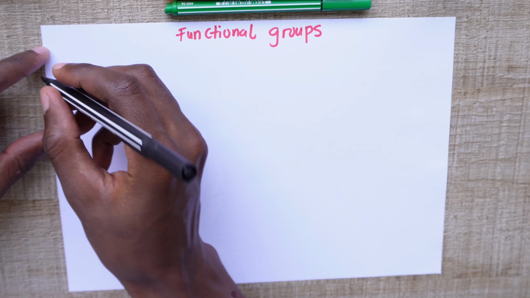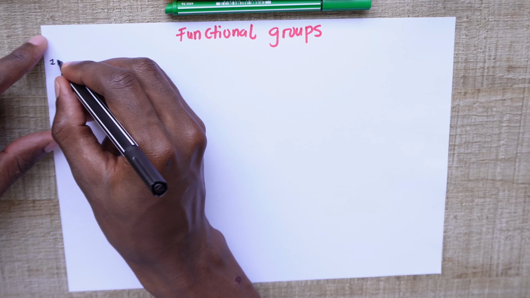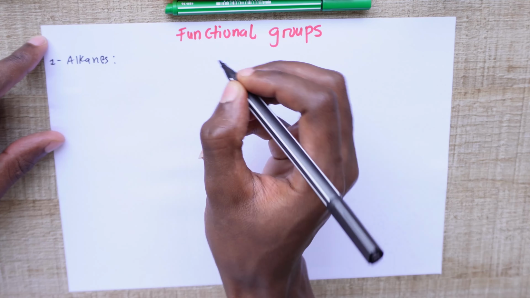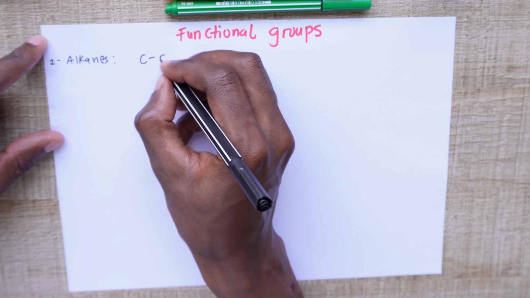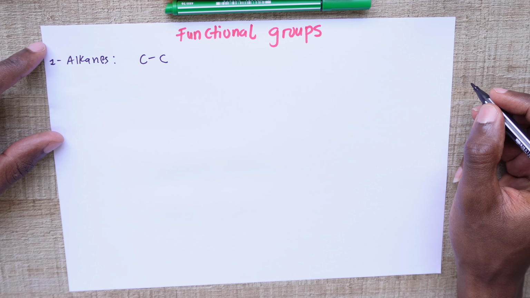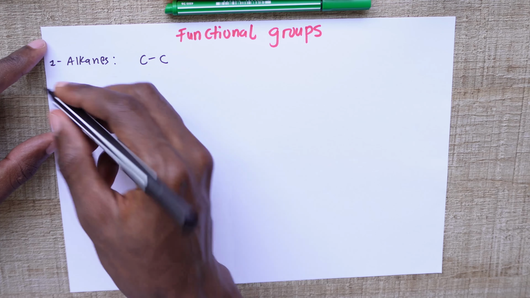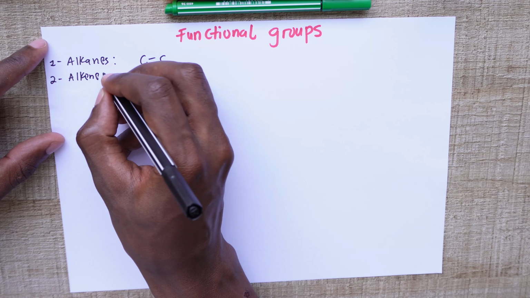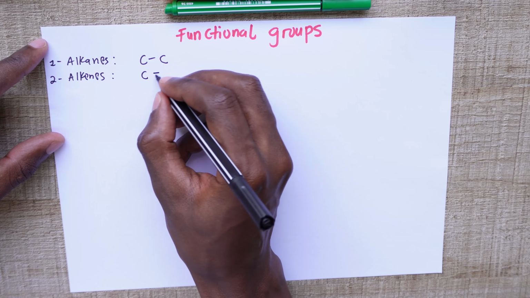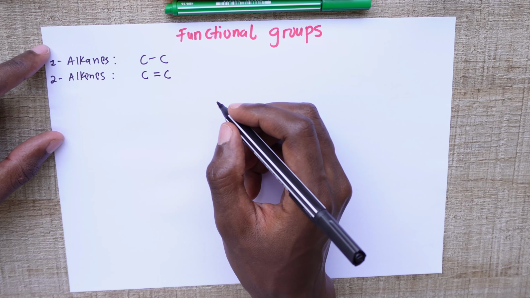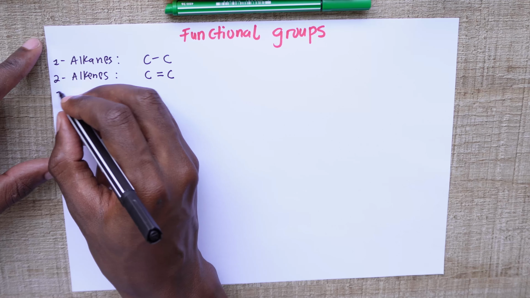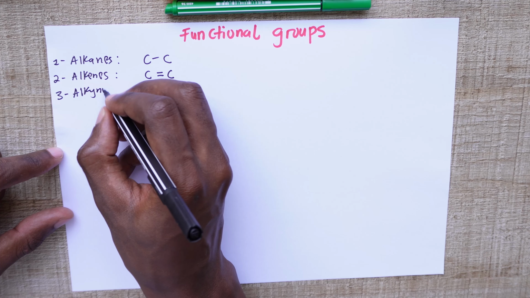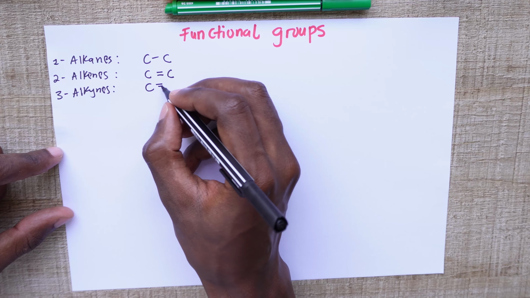So the first, really, you probably guessed it, the alkanes, which have as functional group the carbon-carbon single bond. Then you have the alkenes, which in this case is just a double bond. You have the alkynes, in this case just the triple bond.